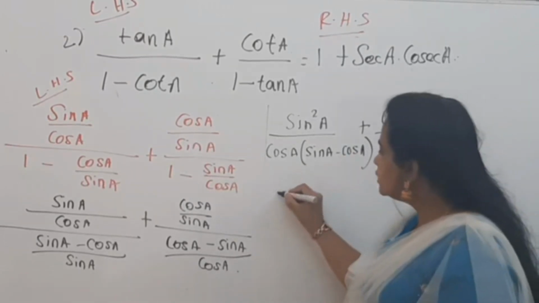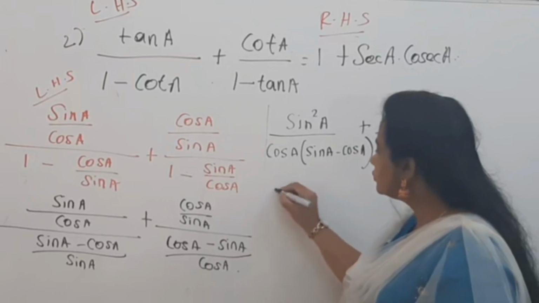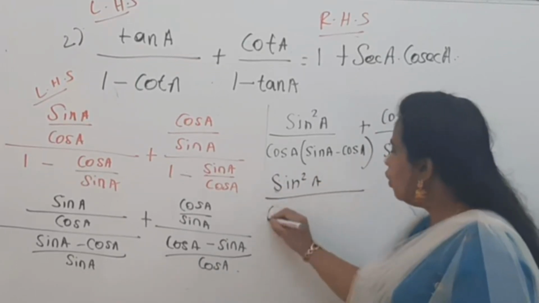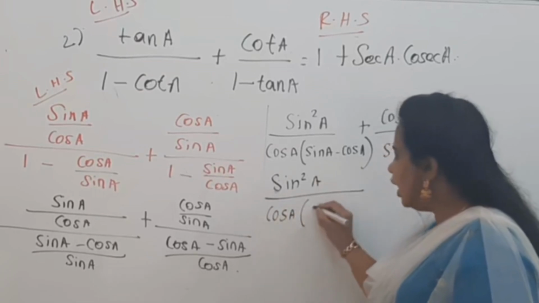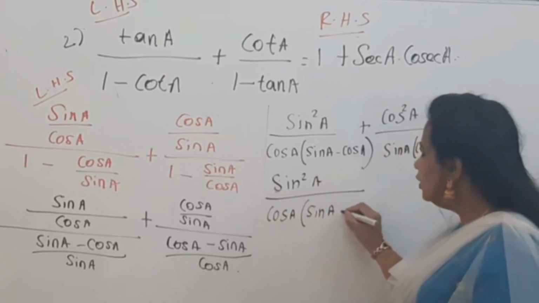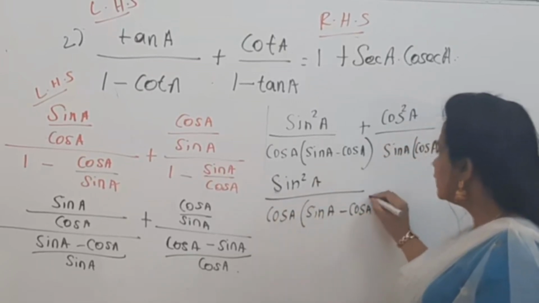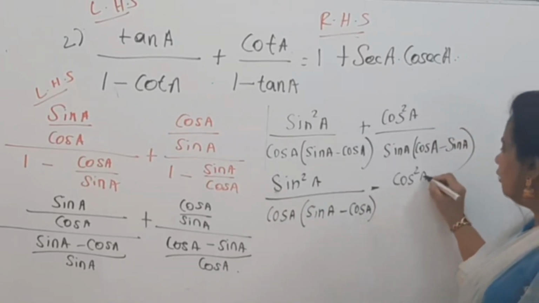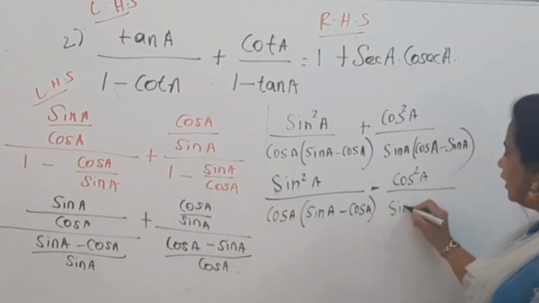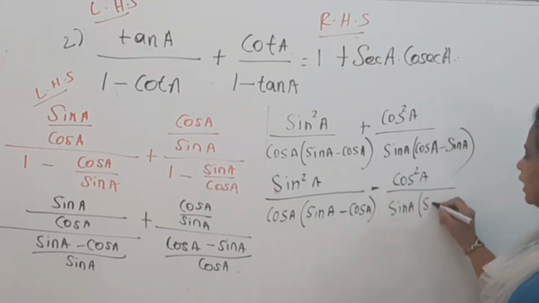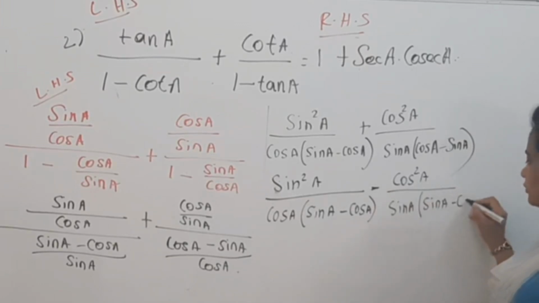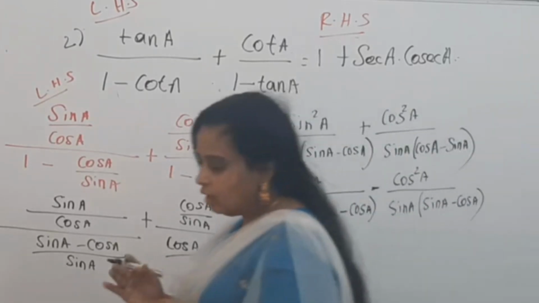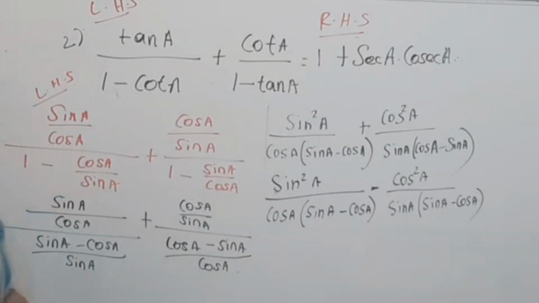That is sine square A divided by cos A into, I am not touching the first term, so I will keep it as it is, minus cos square A divided by sine A into sine A minus cos A. Hope you get this point, how to get your terms to be in order.